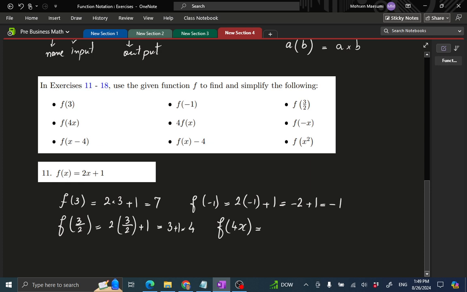What does it mean? Here I suggest the following. F of, instead of letter x, perhaps use, suppose you belong to some advanced civilization and they have an alphabet, and their alphabet has a square in it.